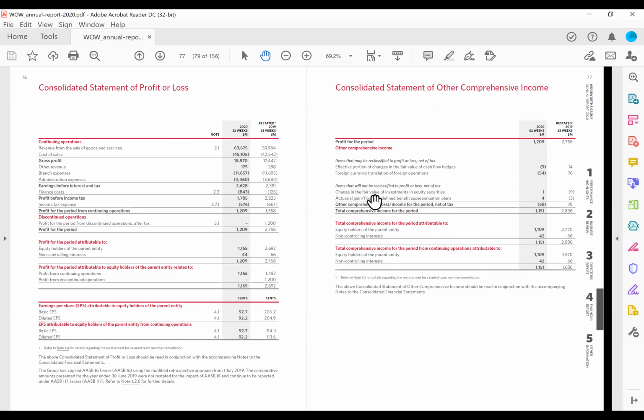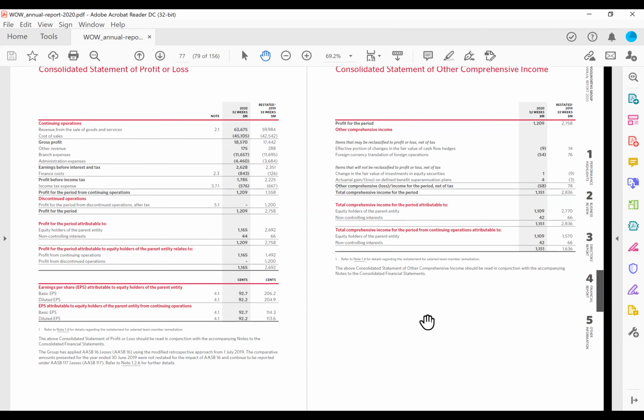And some examples I can see here are, for example, a change in the fair value of investments in equity securities. So they've revalued their asset, and if the asset went up, as it has shown here in 2020, then also the equity goes up. So these are just changes to equity that are separate to profit. But this statement is not something we're going to be using for modelling, so don't worry too much about that one.